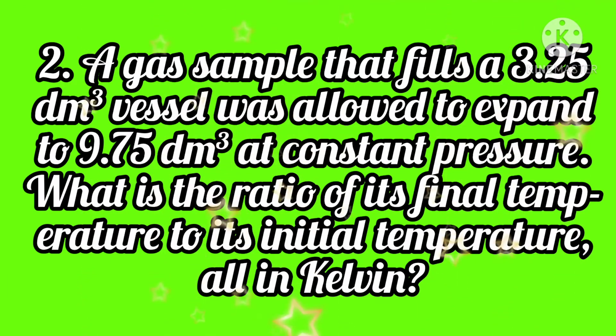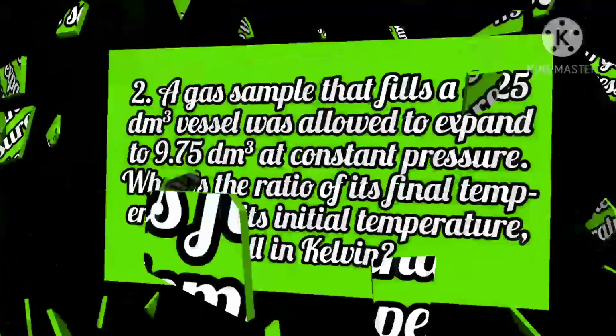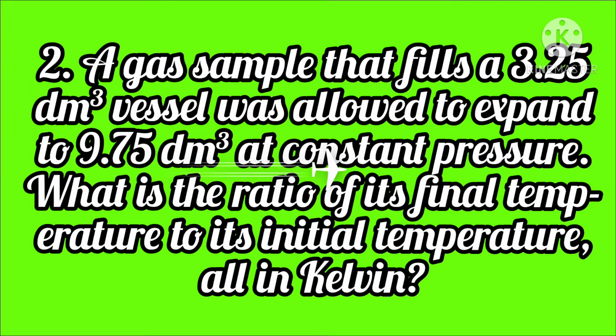And the second example, a gas that fills a 3.25 dm cube vessel was allowed to expand to 9.75 dm cube at constant pressure. What would the ratio of its final temperature to its initial temperature be? All in Kelvin.